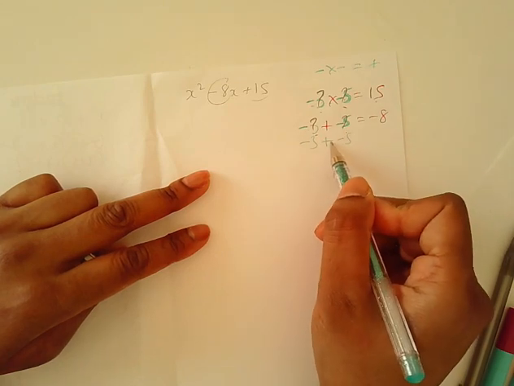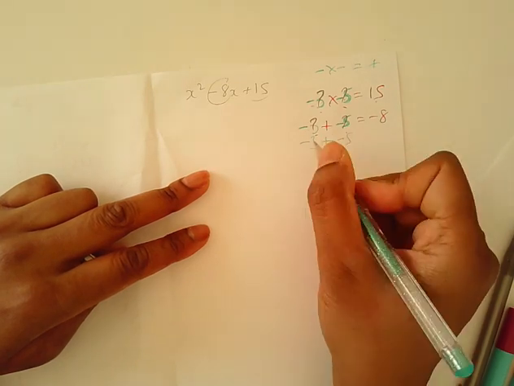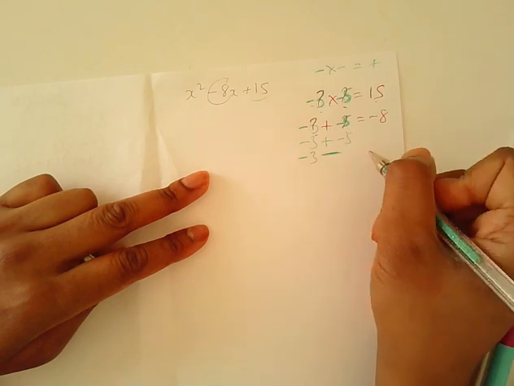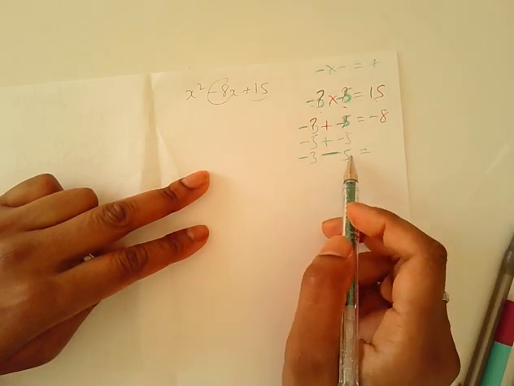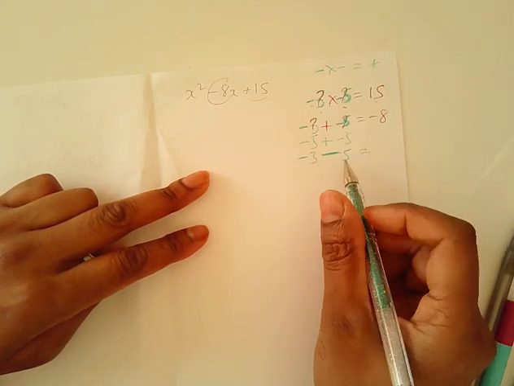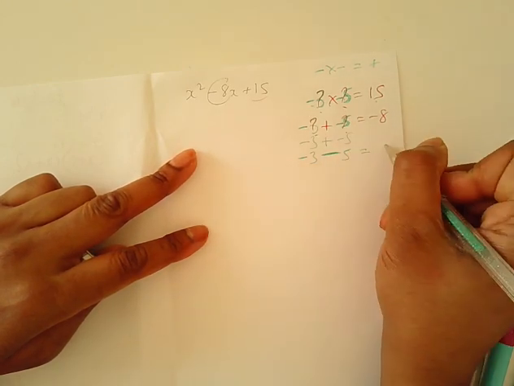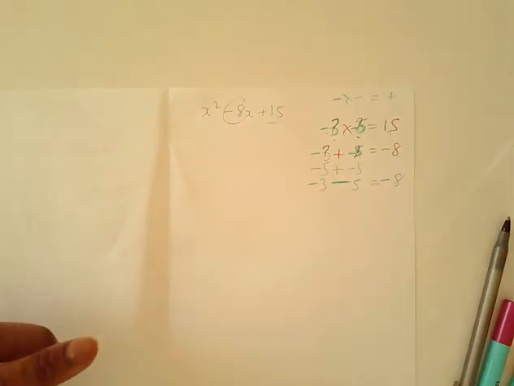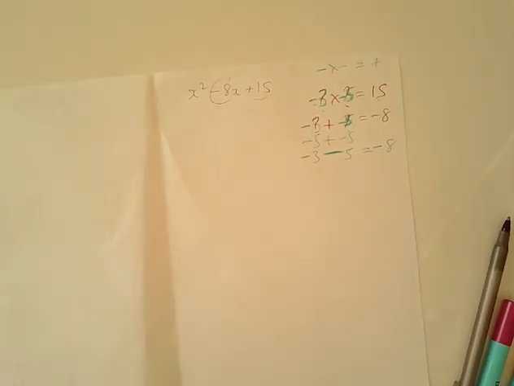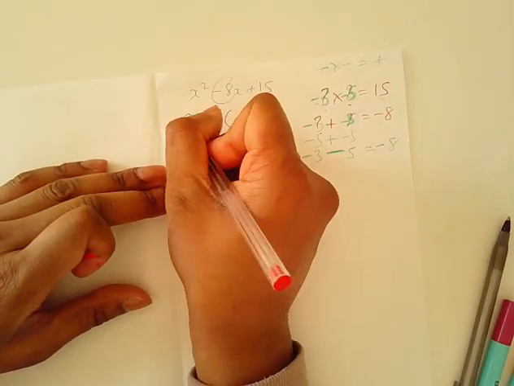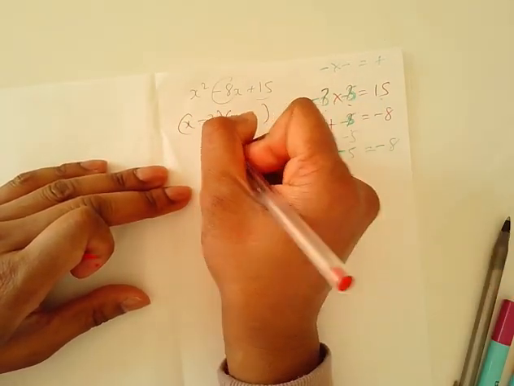Normally what we do is we say minus wins here. Does that give you negative 8? Well, negative 3 on the number line, and you're taking away 5, going left. That will take you to negative 8. So we found our numbers, negative 3, negative 5.